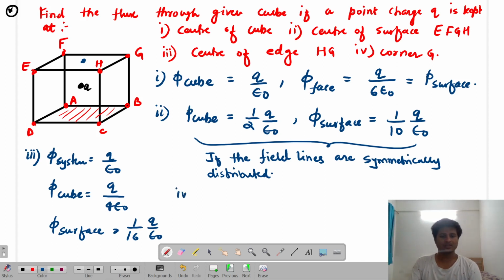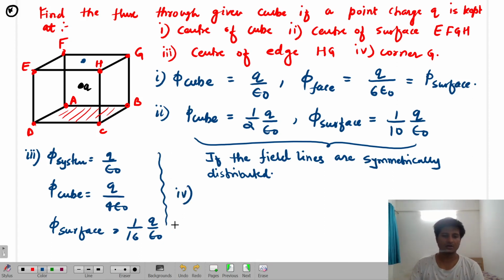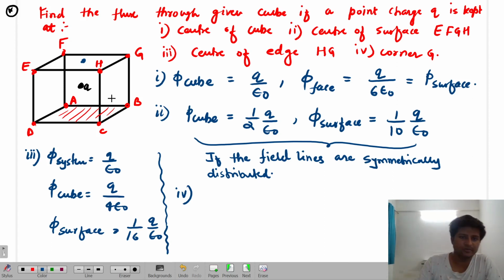Do the fourth case. If I place it on a corner, if I place it at any corner, okay? Previously in the center the whole charge is there. On a face, one half; on an edge, one fourth. So at the corner, how much part is there?